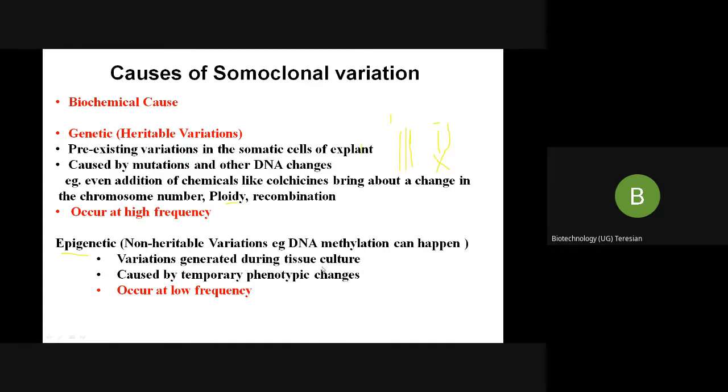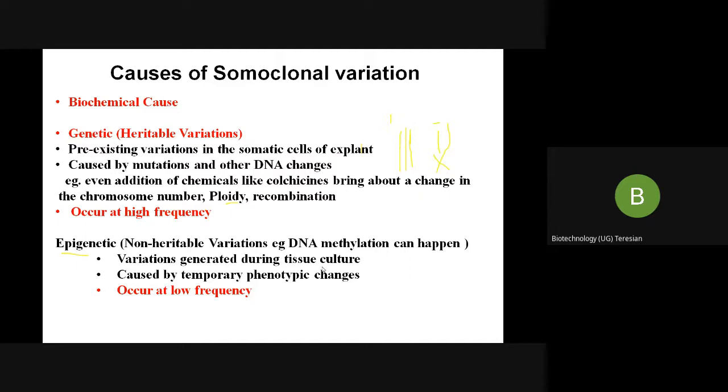Variation is generated during tissue culture. When you are doing tissue culture, all the physiological conditions, the temperature, the density, the pressure, the light illumination, all that you are providing may lead to variation. And it results in temporary phenotypic changes. These temporary phenotypic changes will be with that plant itself.